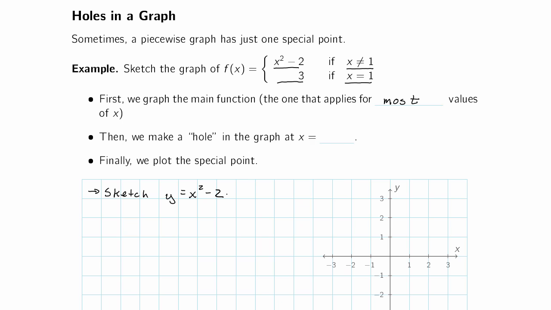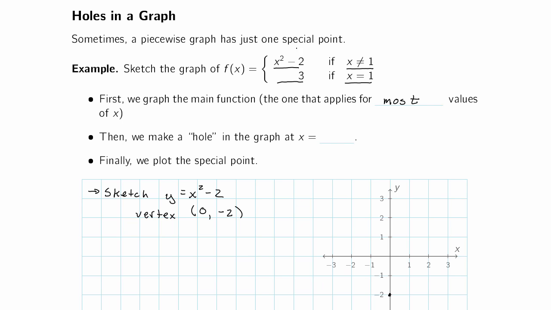Now this function is quadratic, and we see that nothing's being added to or subtracted from x before it's squared. So our vertex is at x equals 0, y equals negative 2. We'll go ahead and put that on the graph. And that's an ordinary point.